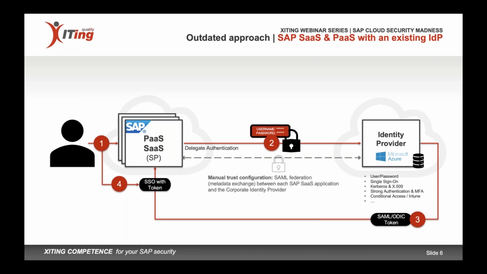That was the time for ADFS before the big Azure hype, but also others like Shibboleth, OpenAM, BigIP, and so on. So when it comes to SAML, to establish trust, to exchange metadata, and so on, I was really confused why SAP has come up with its own identity provider and why applications are not just integrated with an existing IDP like before.